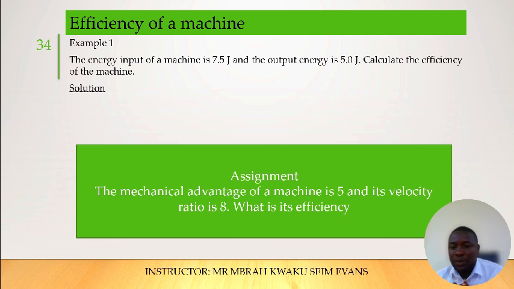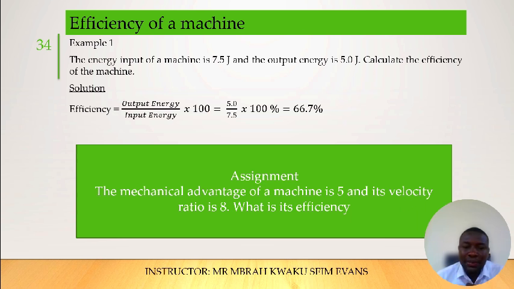Formula is work output over work input times 100. So our energy output is 5.0 joules, our energy input is 7.5 joules, times 100. So we have 66.7%.